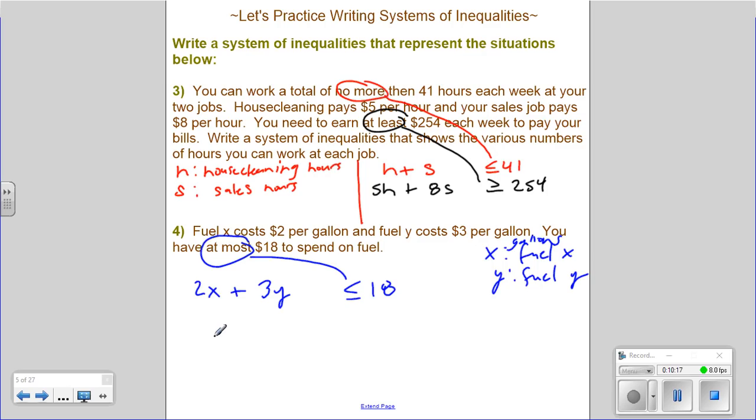Gallons has to be positive or at least zero. So for fuel X, it has to be greater than or equal to zero. And the same thing for fuel Y. It has to be greater than or equal to zero. So now I have three inequalities in this situation. So I still have a system.